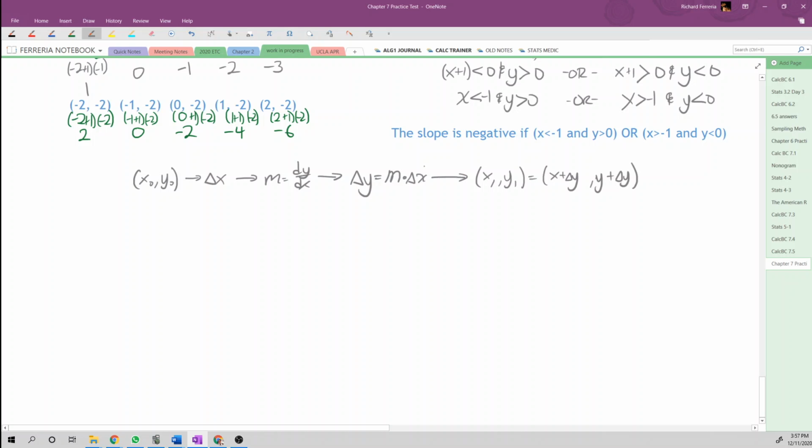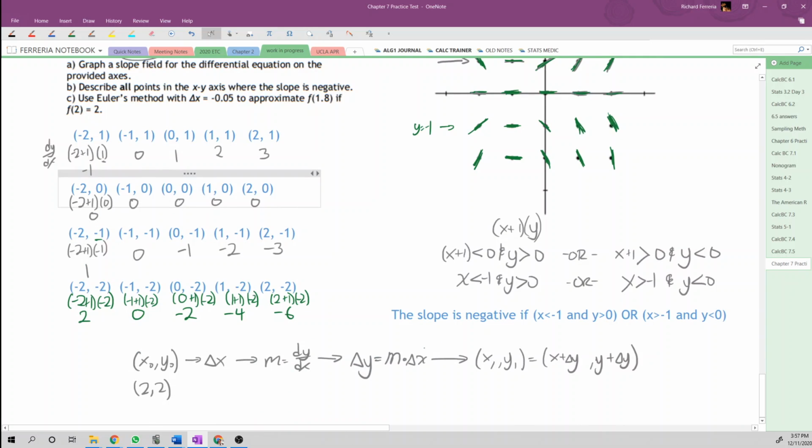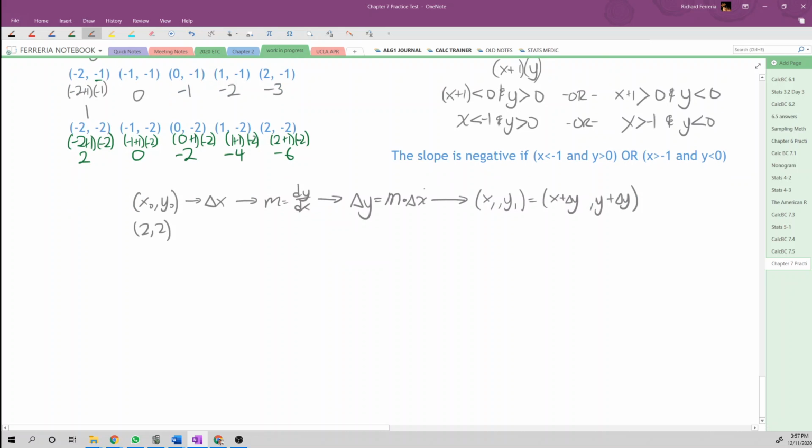So when I do this, I'm going to go across this, and we'll see how we get there. So we're starting off at, I believe, 2, 2. Yep, 2, 2. And we're using delta x equals negative 0.05. I didn't mention this, but you're going to have a calculator for this. Now the slope is equal to x plus 1 multiplied by y.